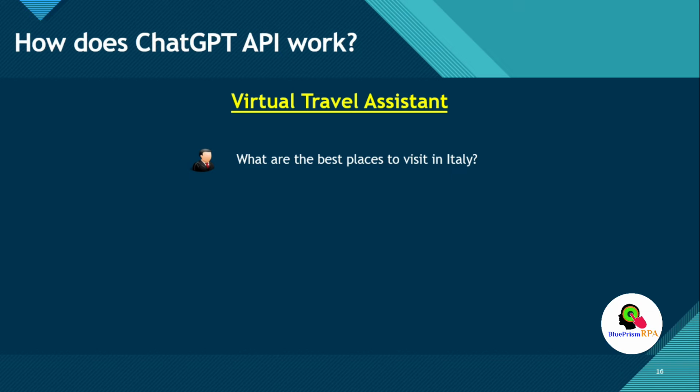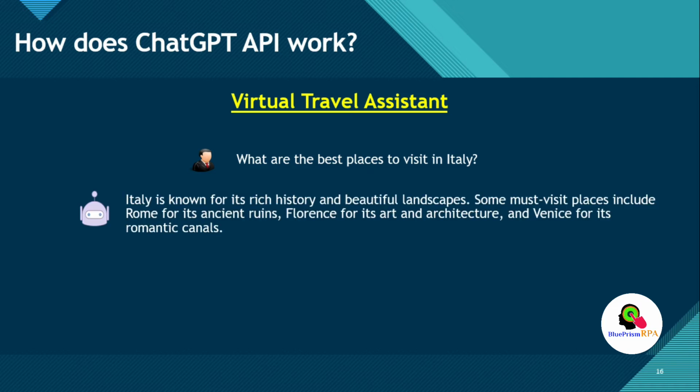Now ChatGPT generates a response like Italy is known for its rich history and beautiful landscapes. Some must-visit places include Rome for its ancient ruins, Florence for its art and architecture, and Venice for its romantic canals. This response is sent back to your application, and your application displays it to the users, providing personalized travel suggestions.